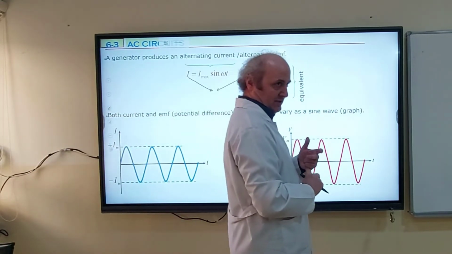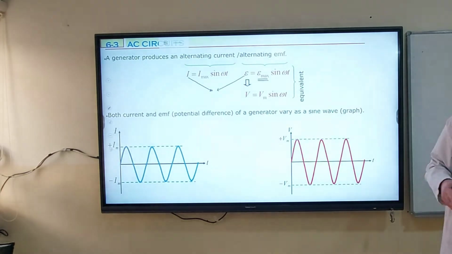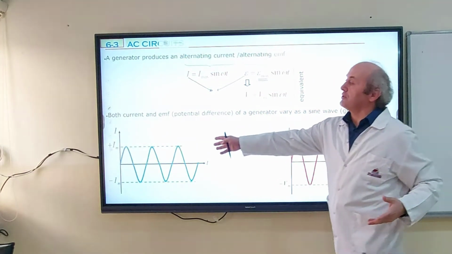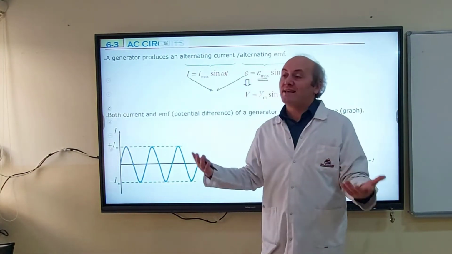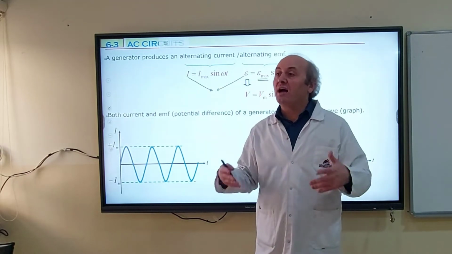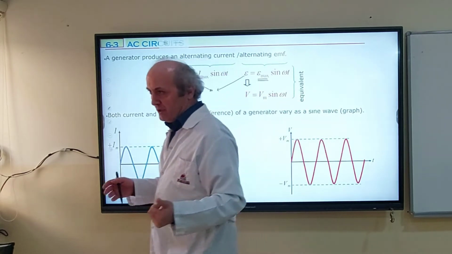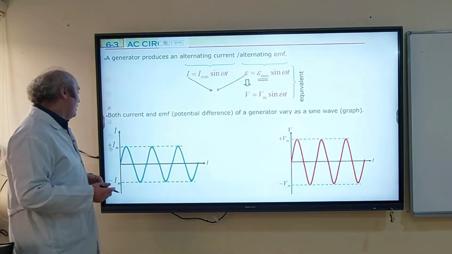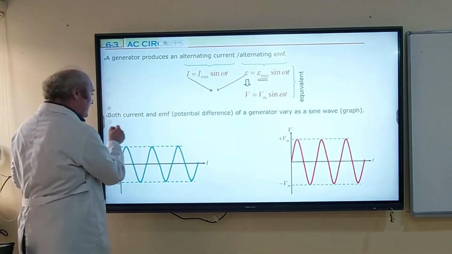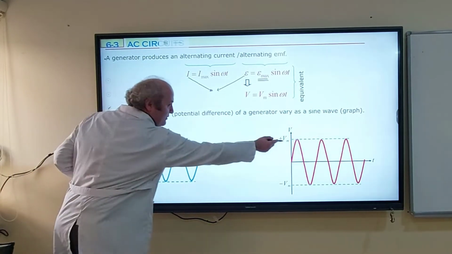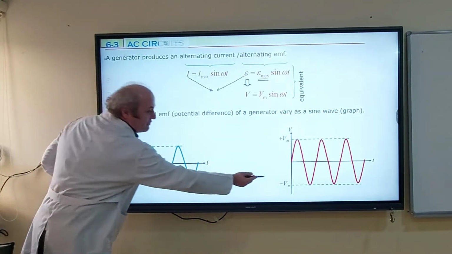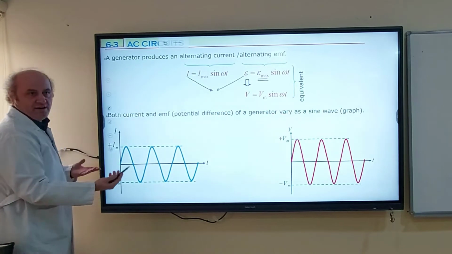The output potential difference of a generator and the output current of a generator will change as a sine function, that is, sinusoidal. They are identical or equivalent or similar, however you say that. Only instead of V we are going to write I. Instead of Vm we are going to write Im. Instead of negative Vm we will write negative Im.